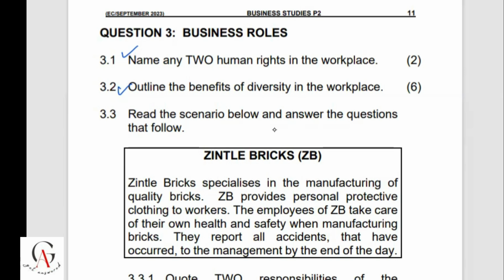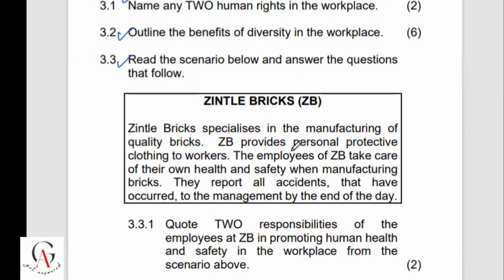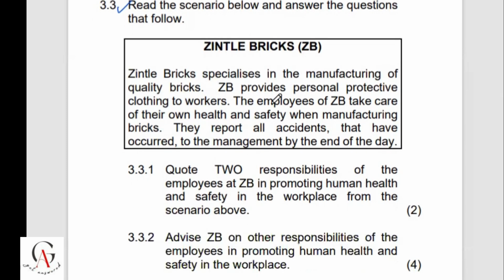Okay, right. So now let's check the scenario in 3.3. So now 3.3 reads as follows. Sinclair Bricks specializes in the manufacturing of quality bricks. So now SB provides personal protective clothing to workers. So now the employees of SB take care of their own health and safety when manufacturing bricks.